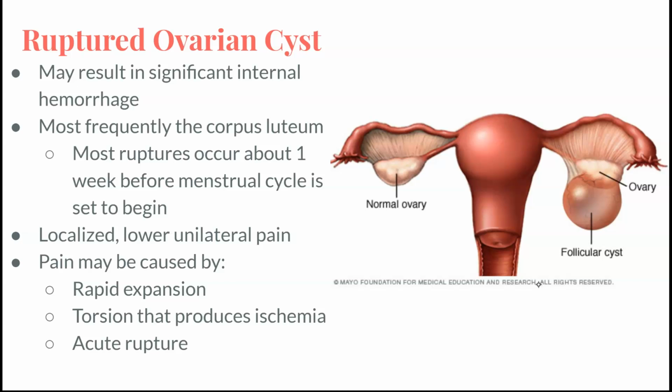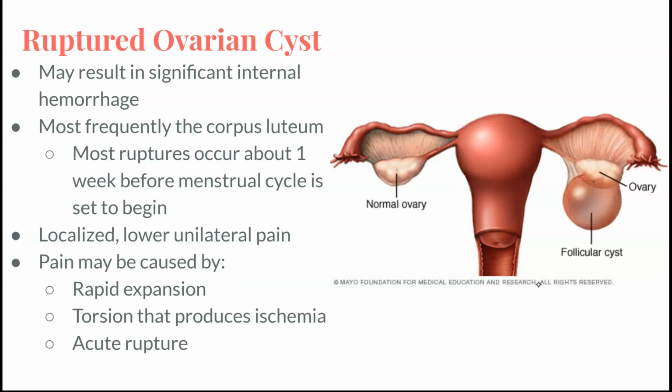So your ovaries kind of dangle in this really wild looking way. But every single time a woman ovulates, she creates a follicular cyst, okay? And that follicular cyst ruptures to release the egg. Then it closes back up and goes through a process of cleaning itself up. If it closes back up and continues to fill with fluid, it can actually pull the ovary down and create a lot of pain.